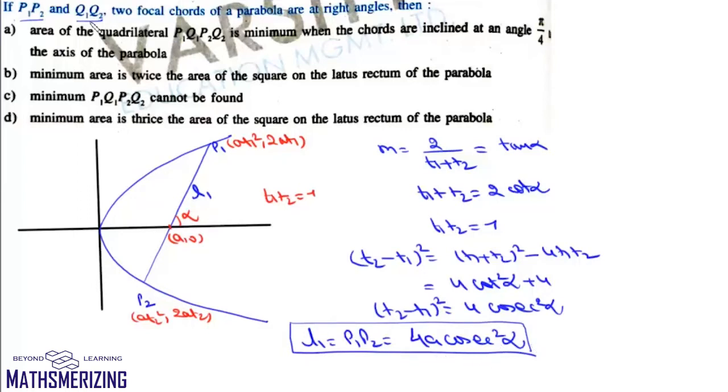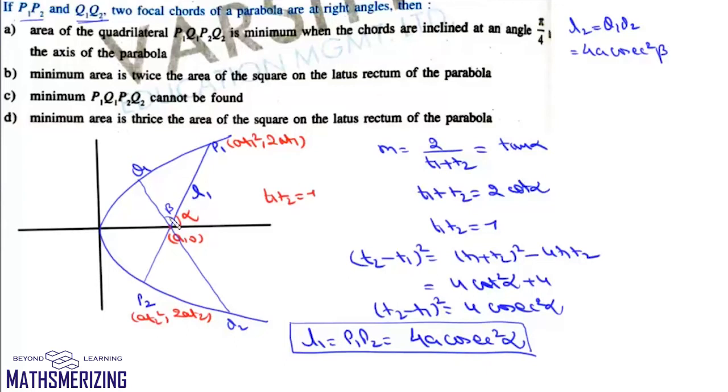Now we'll consider this other chord, which is Q1Q2, and suppose it is inclined at an angle beta. So we know that L2, which is Q1Q2, should be 4a cosec square beta.